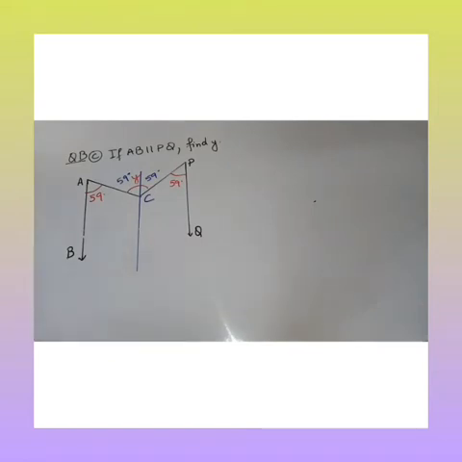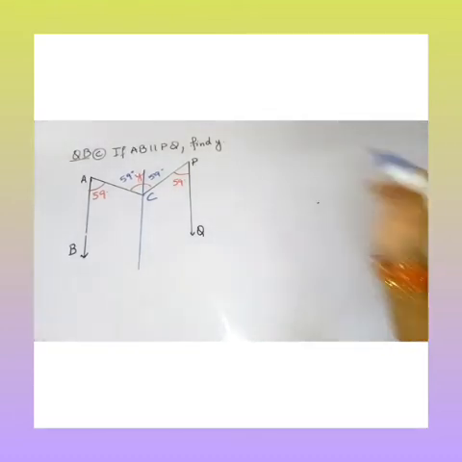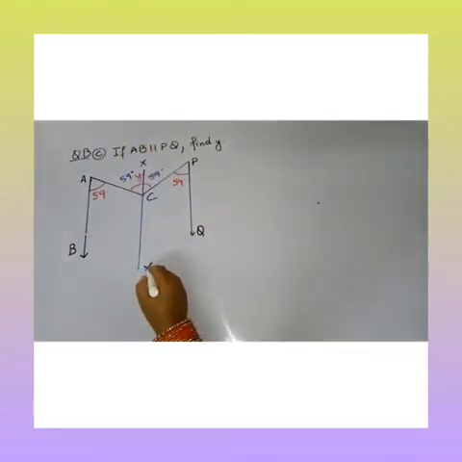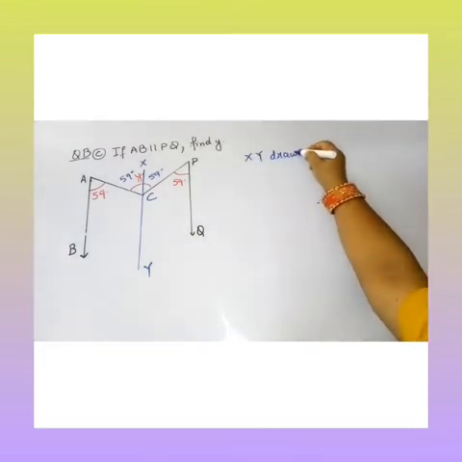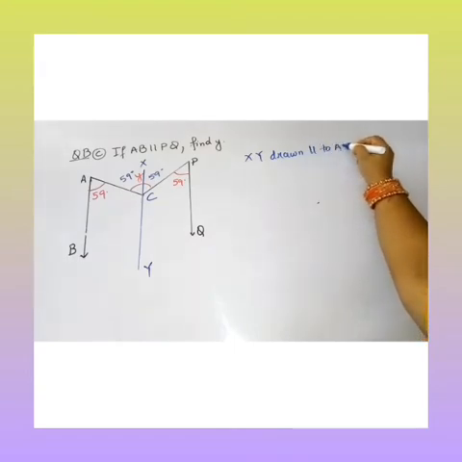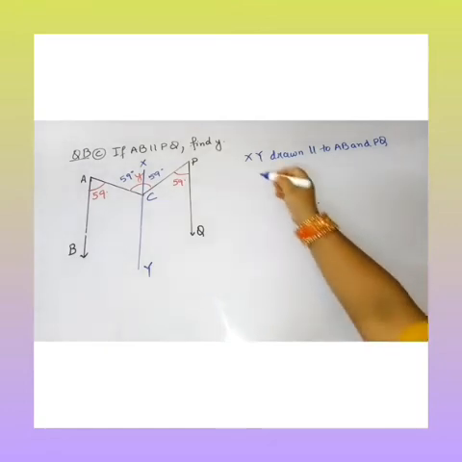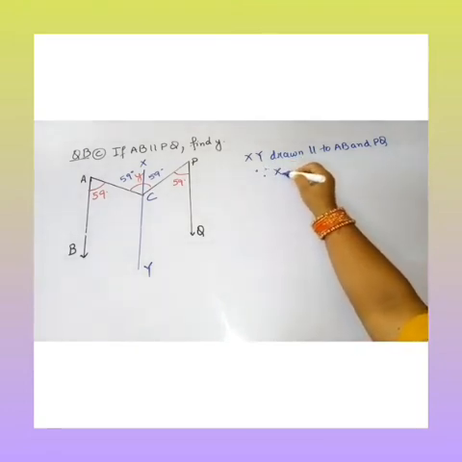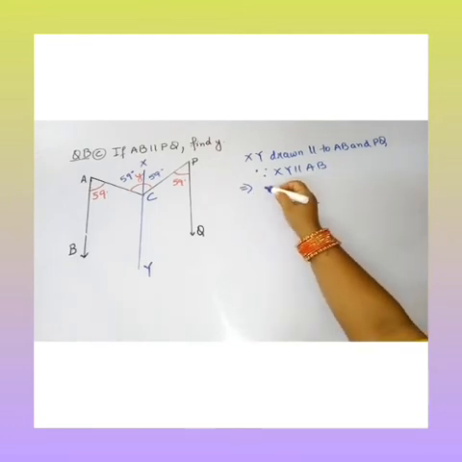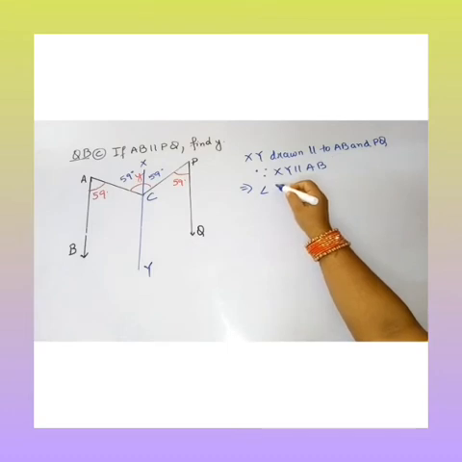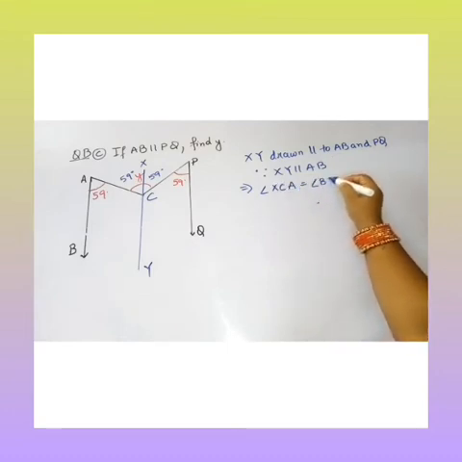So let's solve this one. Going to name it as x and y. Angle XCA will be equal to angle BAC.